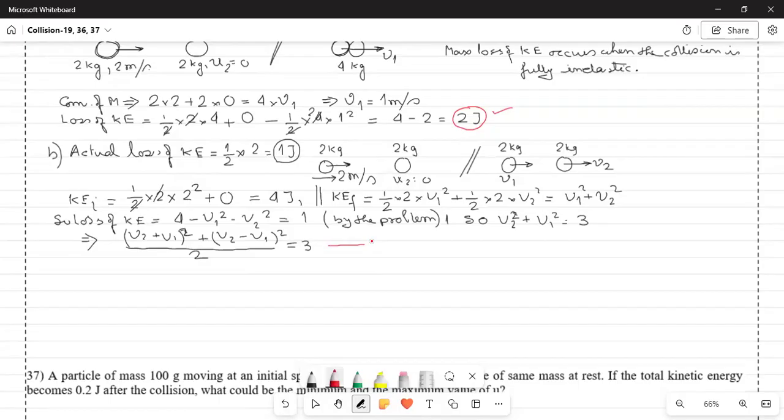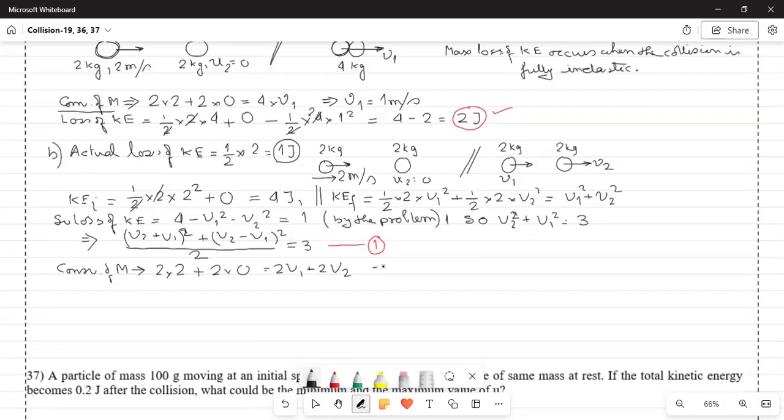Let us consider this is equation 1. Now, let us find out the values of (v2 plus v1) whole square and (v2 minus v1) whole square. If we can find these values, then the problem gets solved. So once again, from conservation of momentum, the momentum of the first body before collision was 2 multiplied by 2, plus the second body 2 multiplied by 0, equal to 2 v1 plus 2 v2.